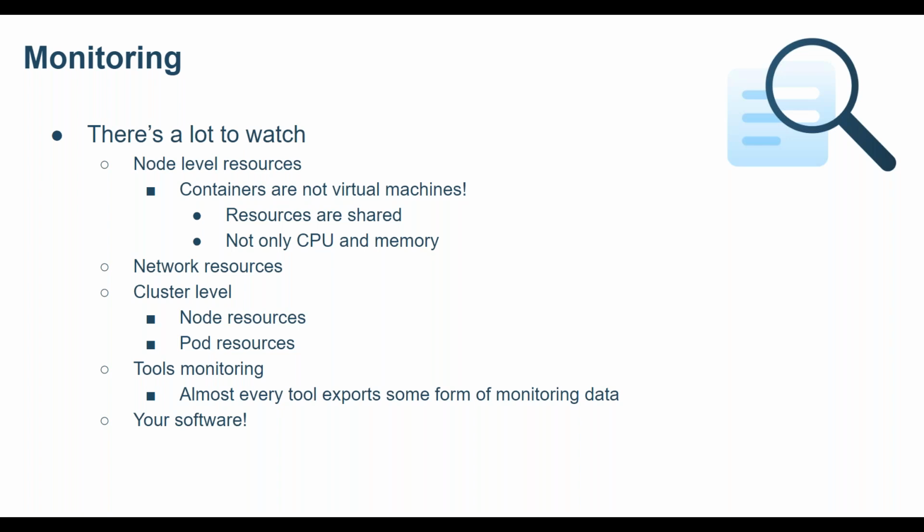And one important thing to keep in mind is that containers are not virtual machines. The separation between containers is way, way weaker than the separation between virtual machines. So obviously resources are shared between containers, or can be shared, but you have to remember that resources are not only CPU and memory, but also the kernel, and everything that the kernel keeps is a set of shared resources as well.